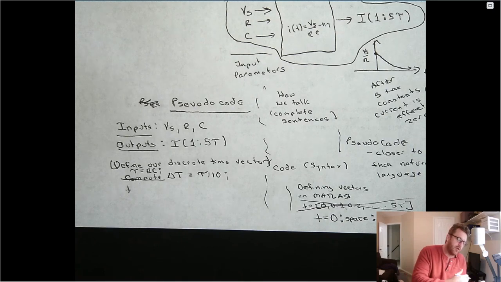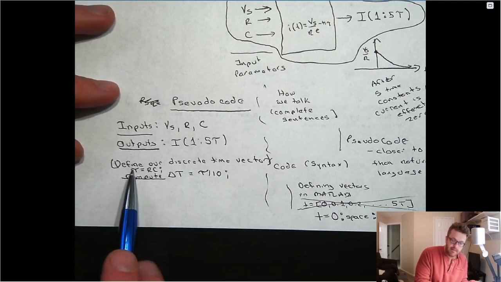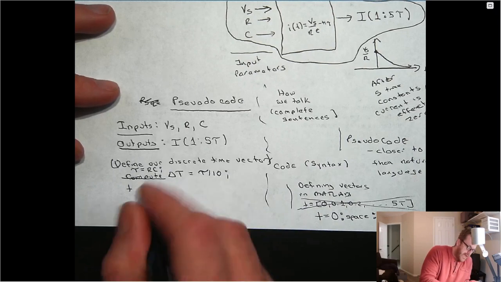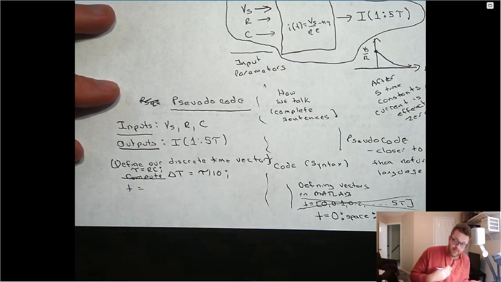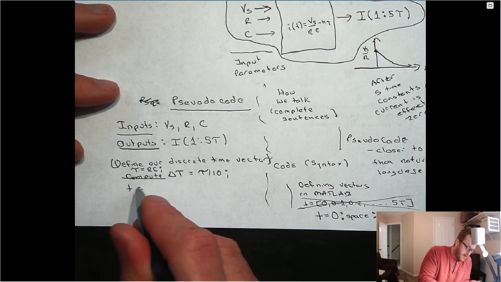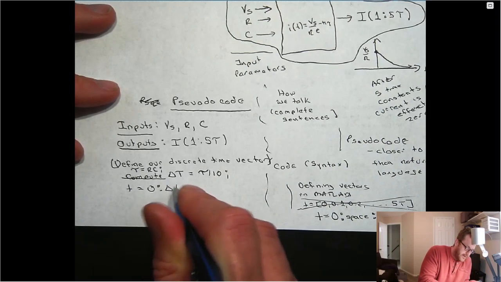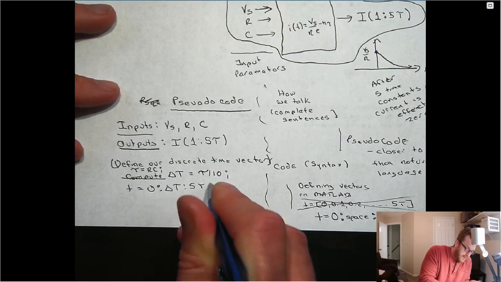I want to see how you would go about documenting step by step how you would actually make this computation in your function. In mine, I'm going to define tau first, then compute delta t, and then I'm going to have my discrete values of time for which I'm computing the current, using Coulomb notation, starting at 0. I'll step by delta t, and I'll go up to 5 tau.